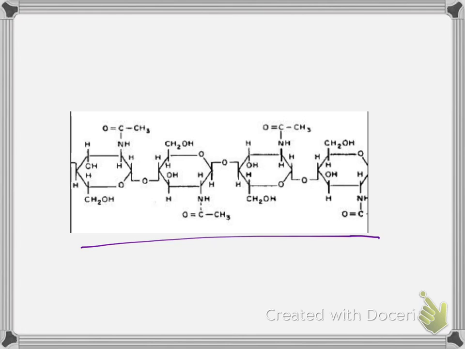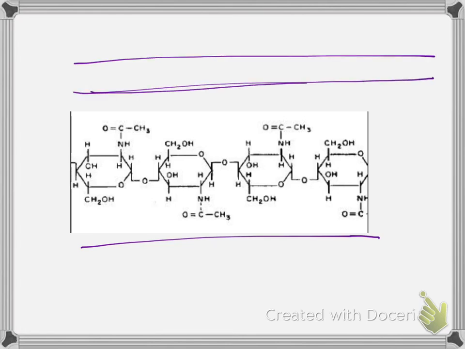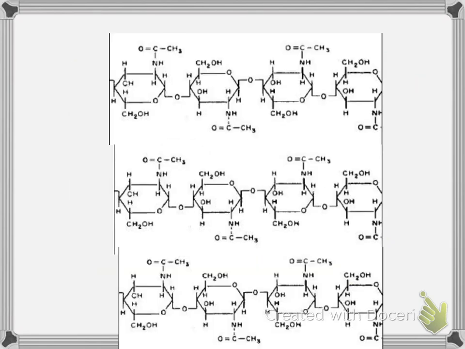If these two structures are arranged as parallel chains like this, hydrogen bonding will form between them.